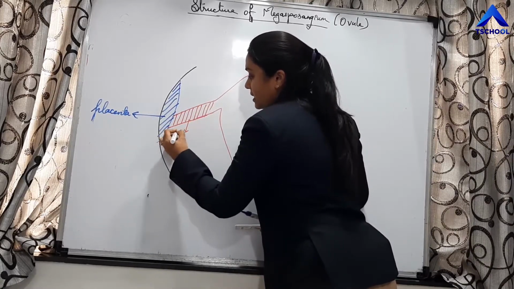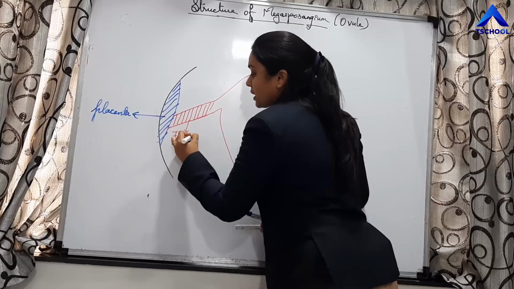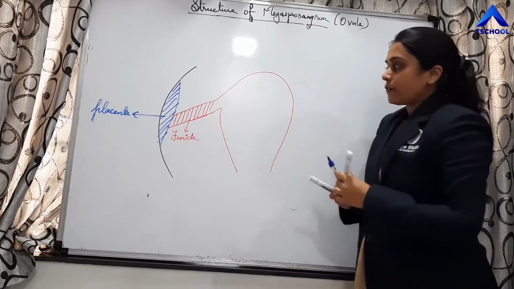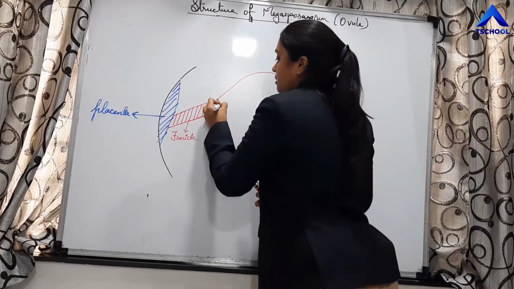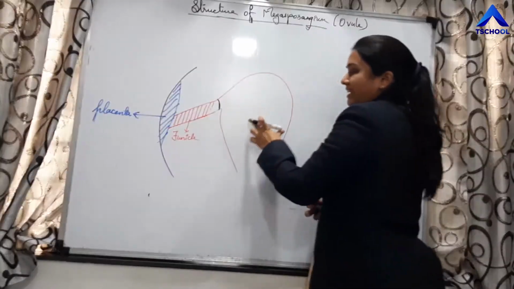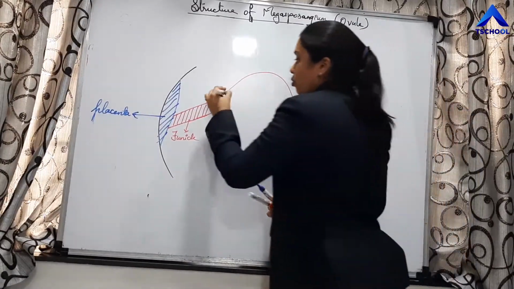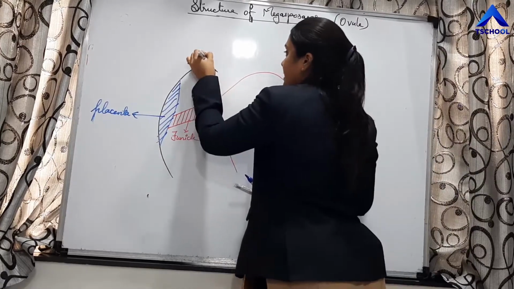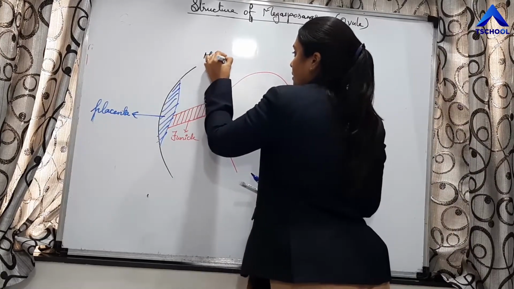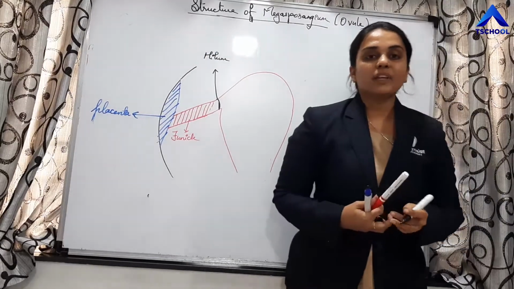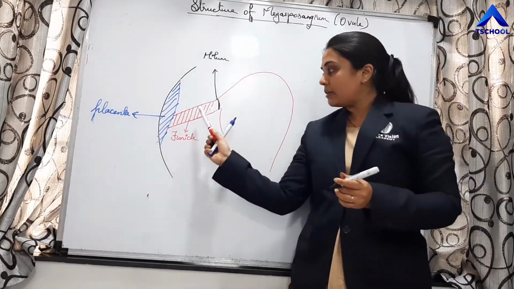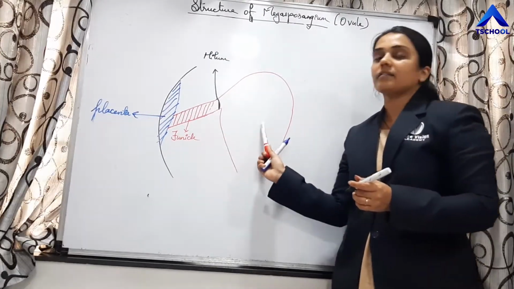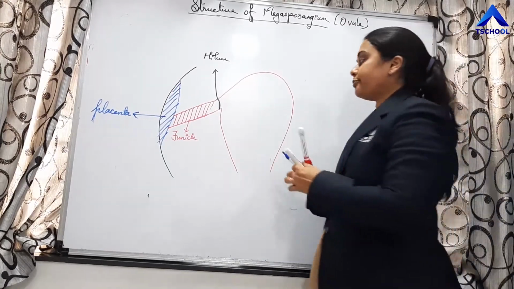It is called funicle. The point where the stalk is attached with the body of the ovule is called hilum. Hilum is the point of attachment between the stalk and the body of the ovule.